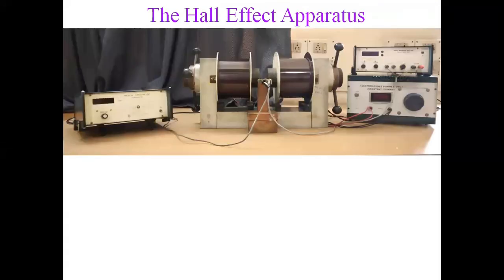This is the whole setup. This is your electromagnet. This is your Gauss meter. This instrument supplies current to the electromagnet, and this instrument supplies the current into the semiconductor. You can measure that with the help of this display. The same instrument is used to measure the potential difference, VH.